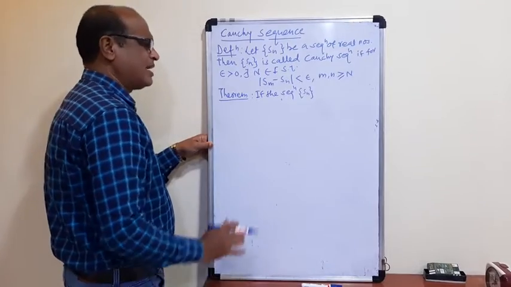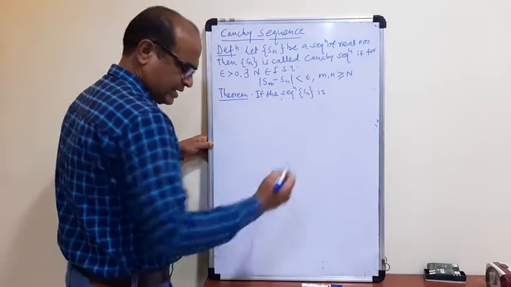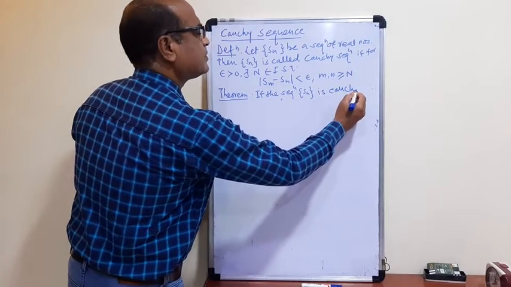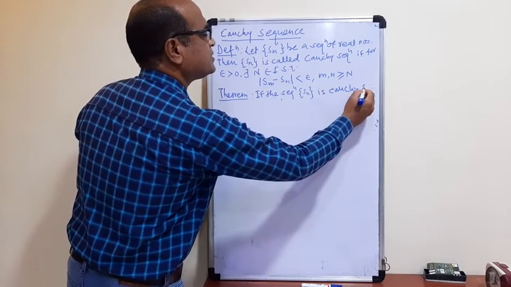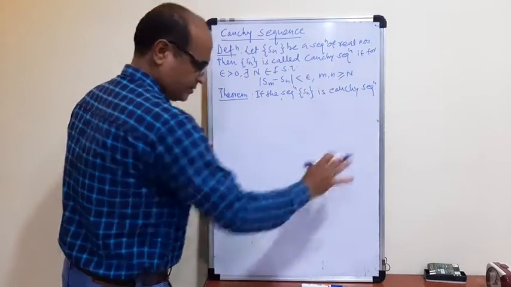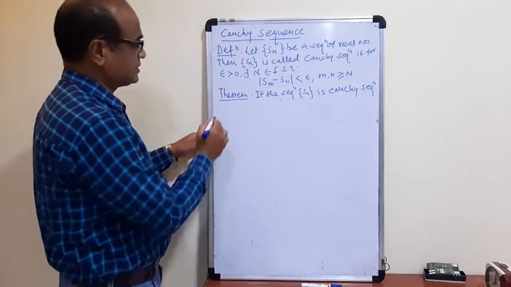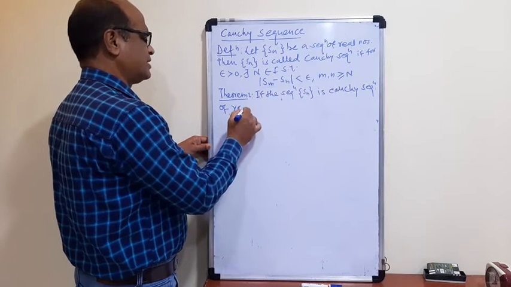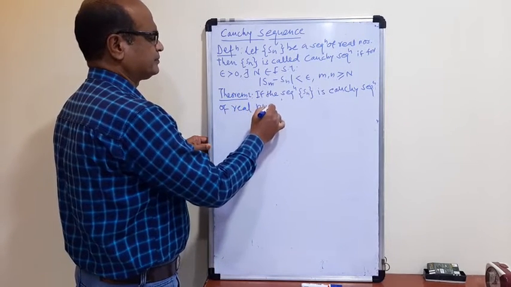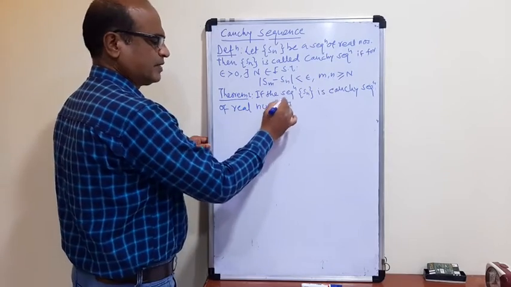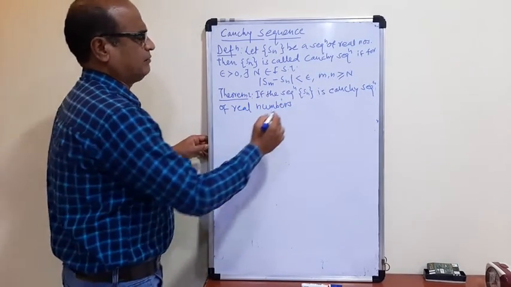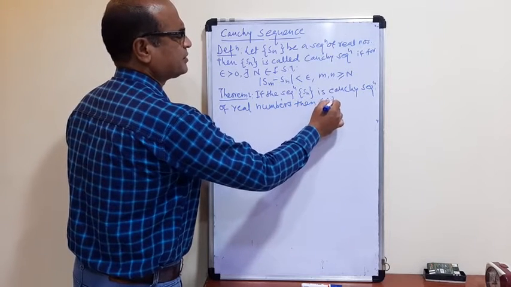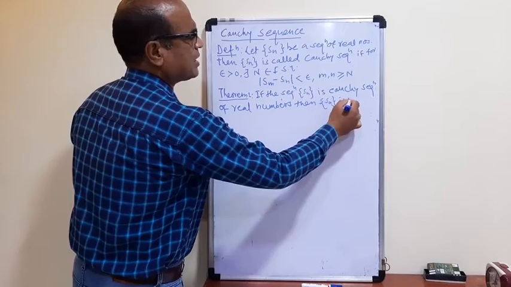So, if Sn is a Cauchy sequence of real numbers, then this sequence Sn is bounded.